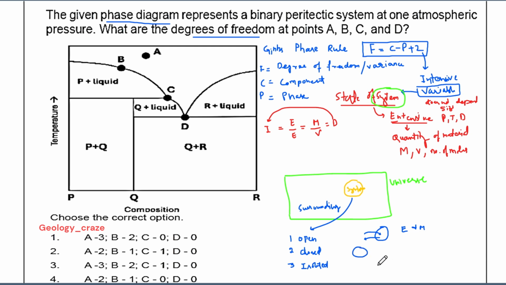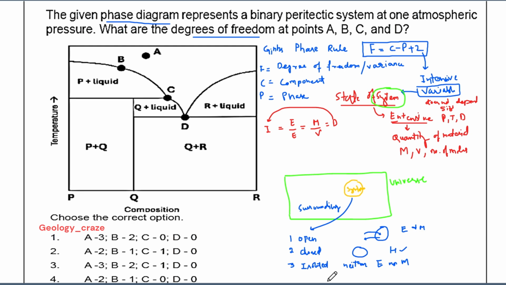In a closed system, only heat can be exchanged. In an isolated system, neither energy nor matter can be exchanged. So we call it an isolated system.